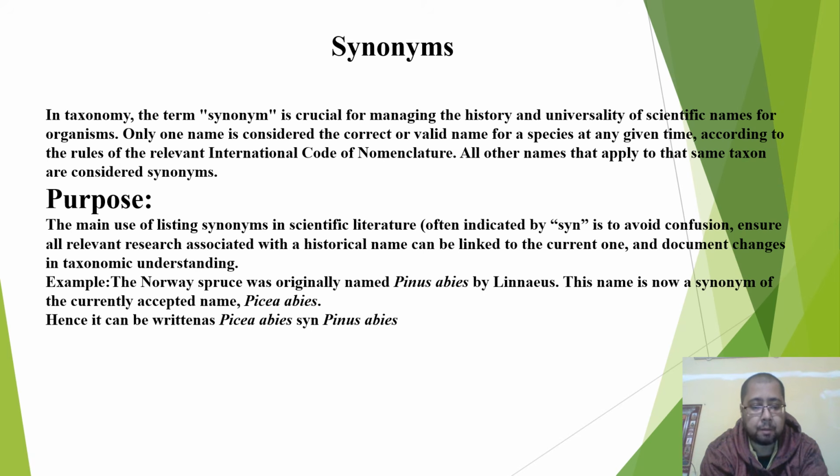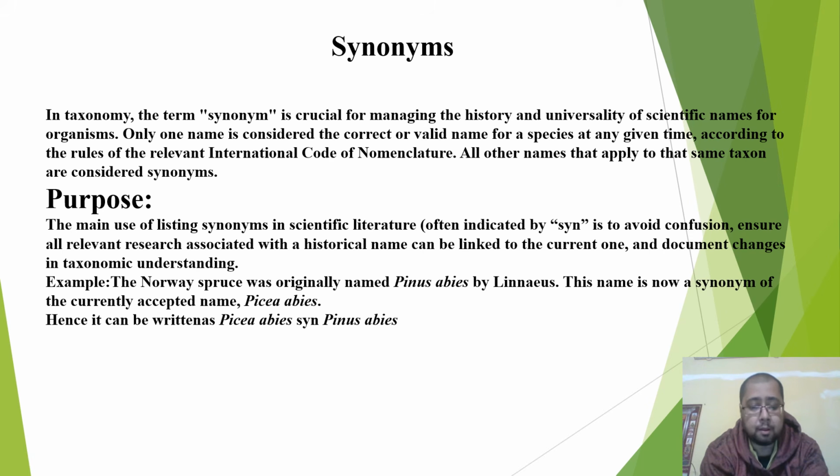So what is the purpose of this? The main use of listing synonyms in scientific literature, often indicated by syn., is to avoid confusion, ensure that all relevant research associated with a historical name can be linked to the current one, and document changes in taxonomic understanding.